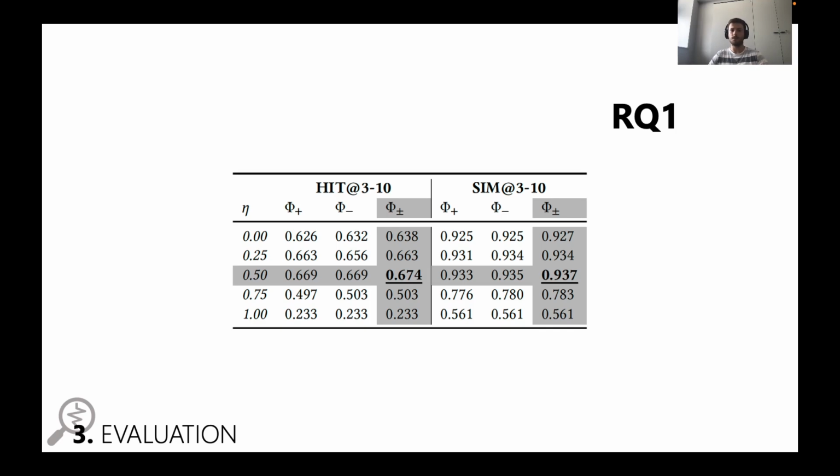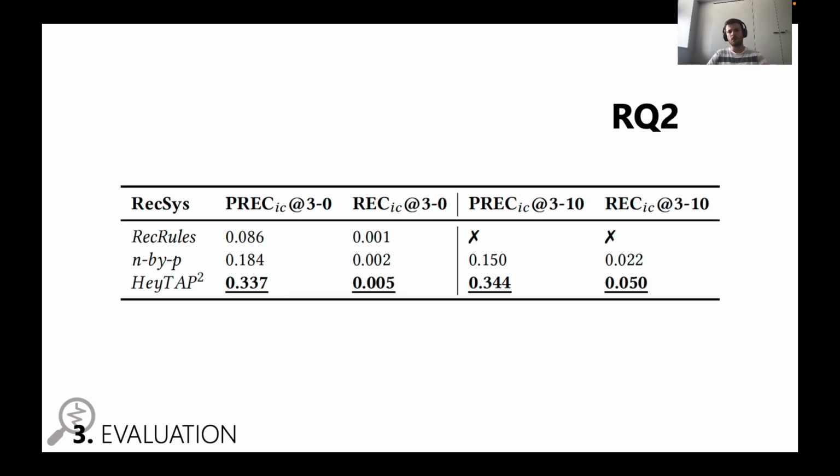For what concerns the second research question, we found that ATAP outperformed other similar recommender systems like RecRules and N/P in terms of precision and recall. And as you can see in the right part of the table, precision and recall improved after 10 refinement cycles.